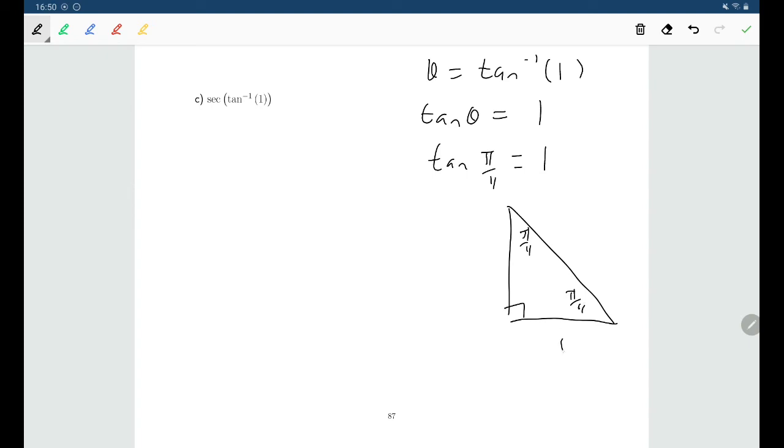For the 45, 45, 90, tangent of pi over 4 would be 1 over 1, which is just 1. So the angle we're talking about should be pi over 4.